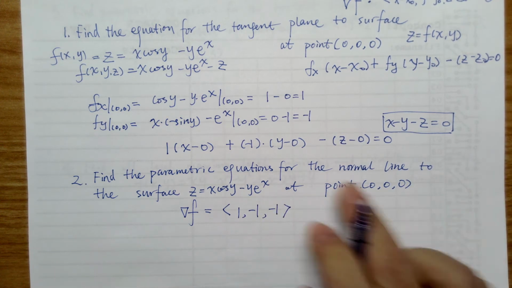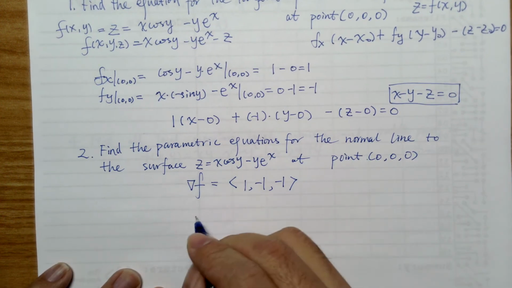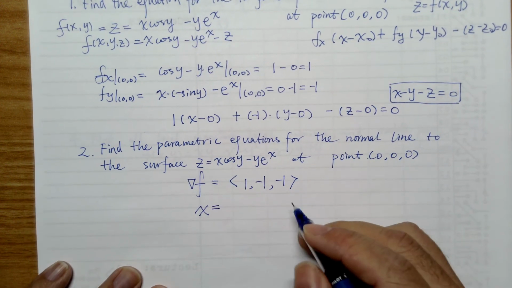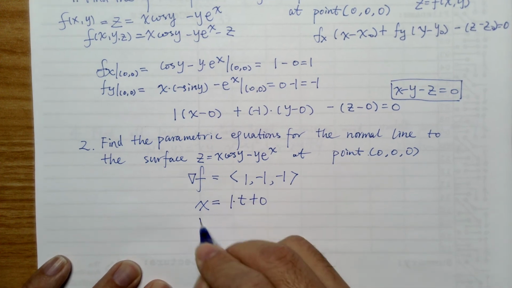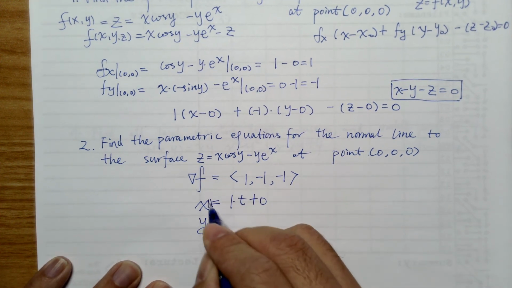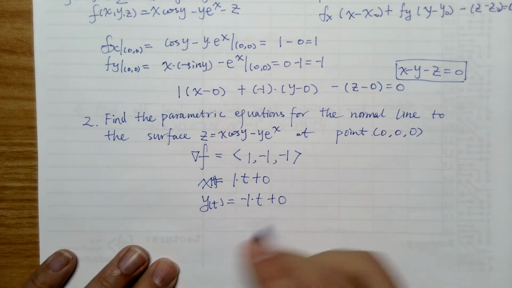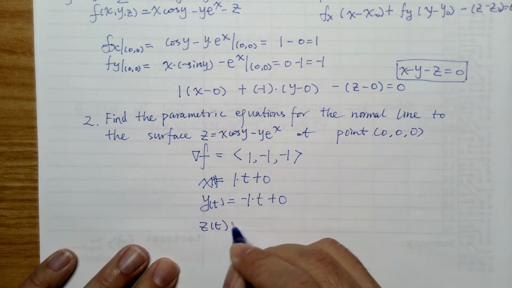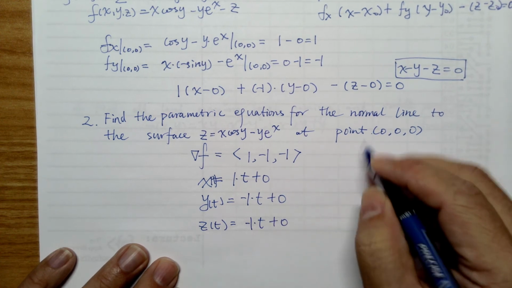So the normal line is x of t equals 1 times t plus 0, y of t equals -1 times t plus 0, and z of t equals -1 times t plus 0.